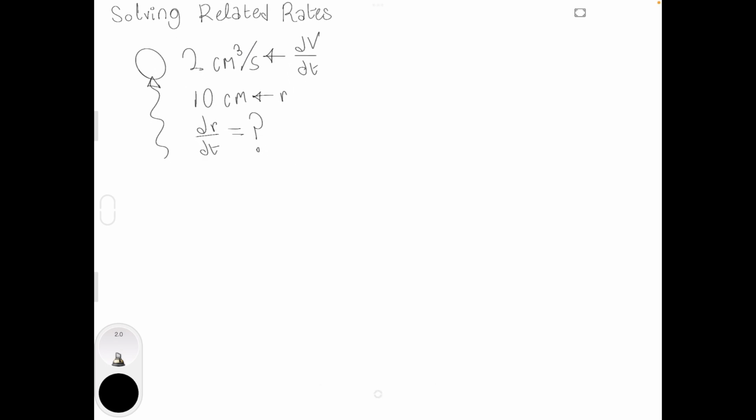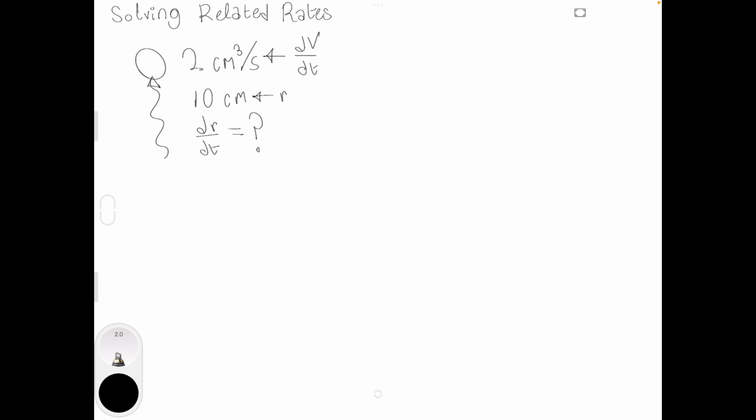So when we think about it like that, we want to set up an equation. Step one was, let's go back a little bit, assigning letters to all of the quantities that vary with time and any others that seem relevant to the problem. We did that with the volume changing at 2 centimeters cubed per second, dv over dt.